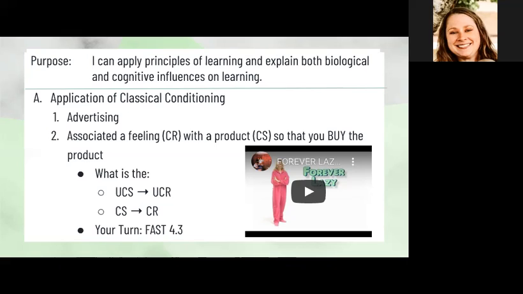Here the unconditioned stimulus is warmth, and the unconditioned response is coziness. The conditioned stimulus will always be the product that the advertisers are trying to get you to buy, and in this case, it's the Forever Lazy. The conditioned response continues to be coziness. It's just that we associate coziness with this instead of something else. Does that make sense?